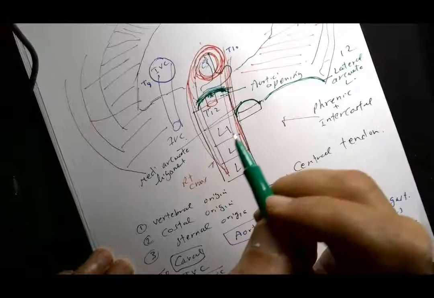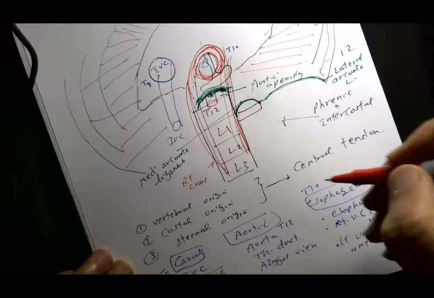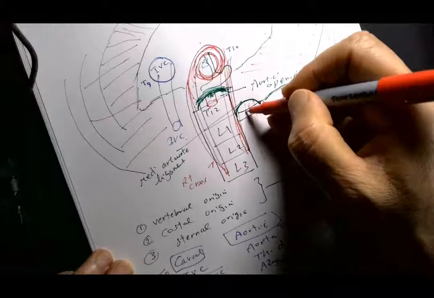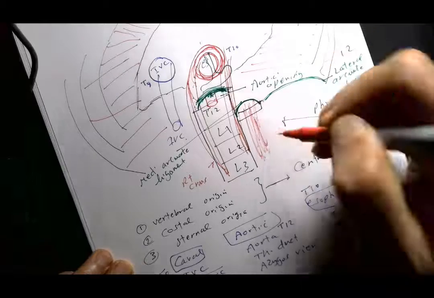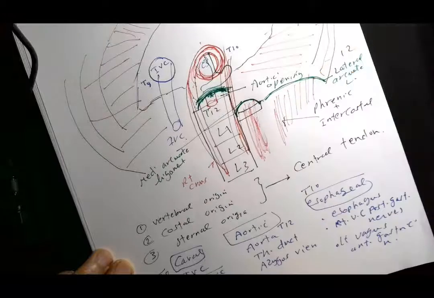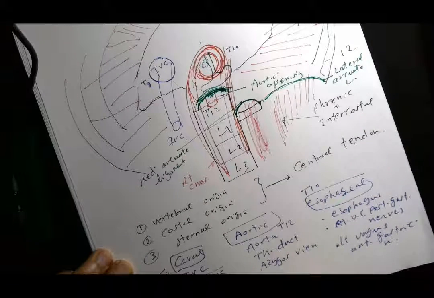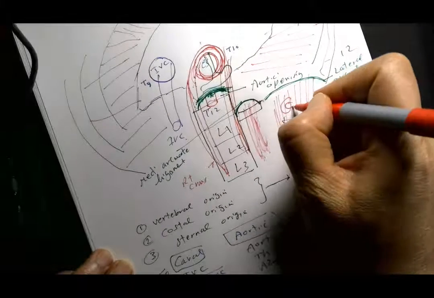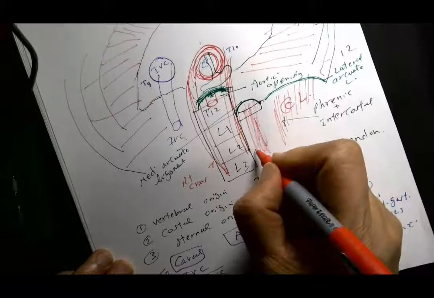The muscle that descends behind this is psoas major muscle. The muscle that passes behind this is quadratus lumborum muscle. Okay, so this is quadratus lumborum, and this is psoas major.